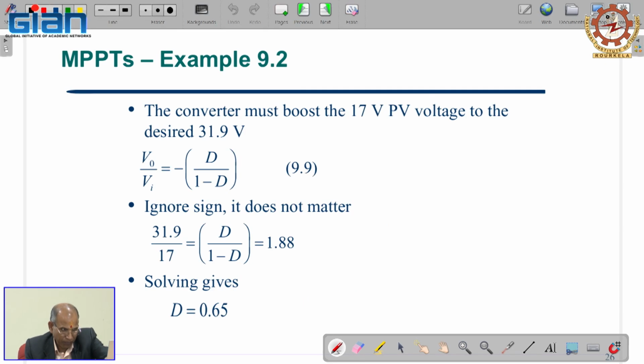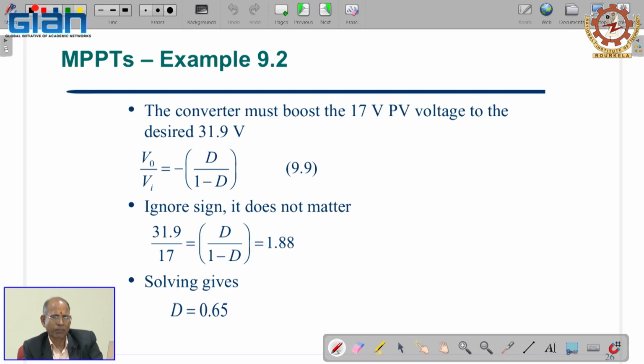So simply you can relate with respect to this equation. Output voltage divided by input voltage is simply equal to D divided by 1 minus D. The minus sign you can simply neglect. So it gives you the value of D is equal to 0.65.